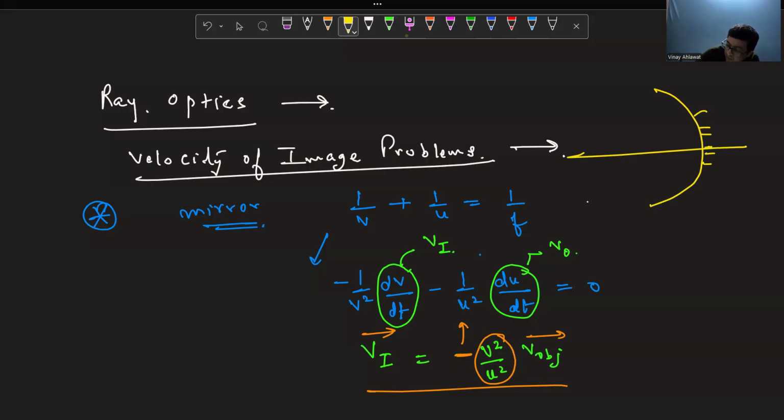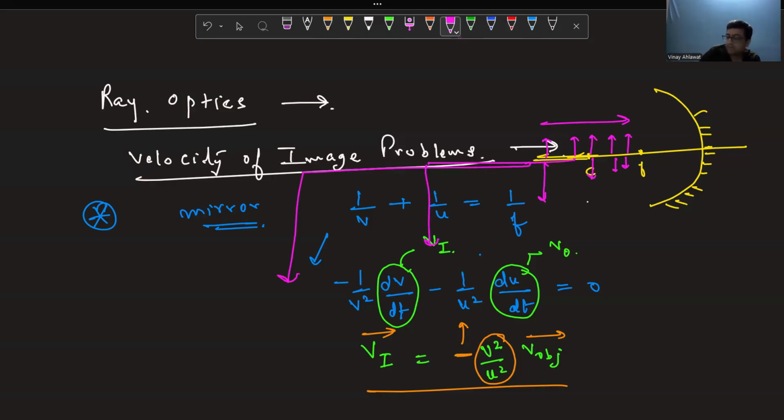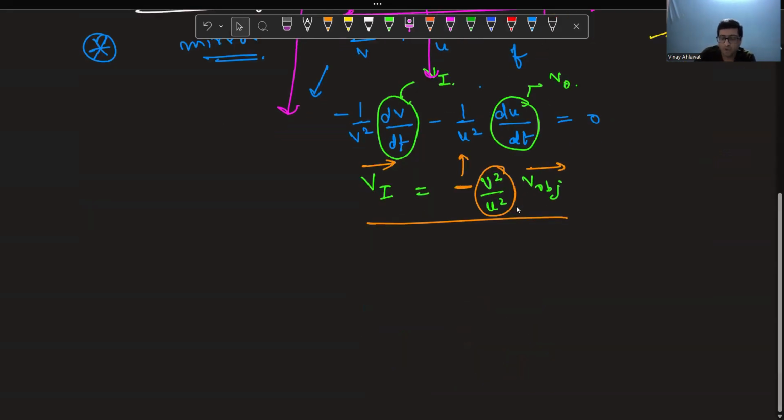This was focus, this was suppose curvature, and your object moves like this, image moved like this, then object moved like this, and image moved like this. Agreed or not? Yes, sir. So your object and image are going to move in opposite directions. Got it or not? Yes, sir.